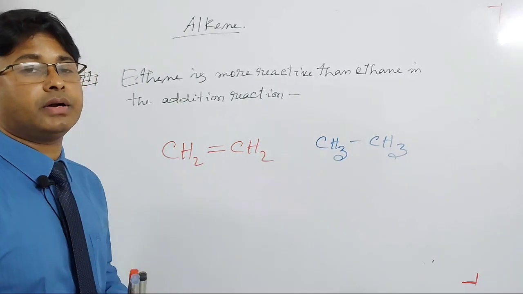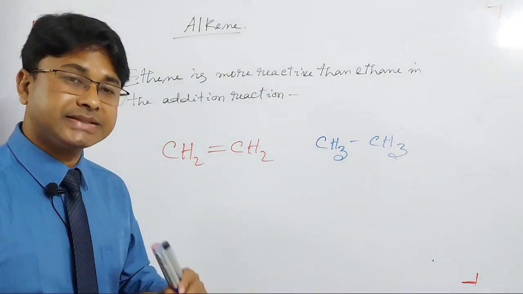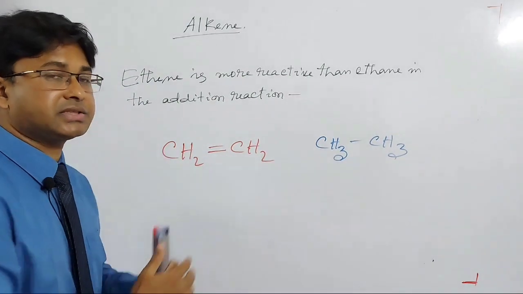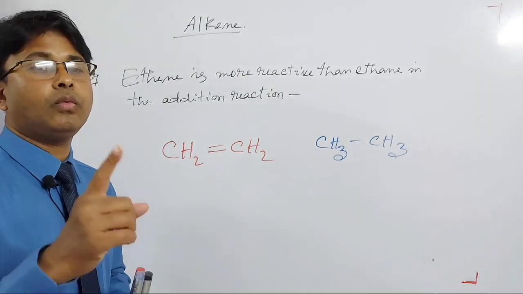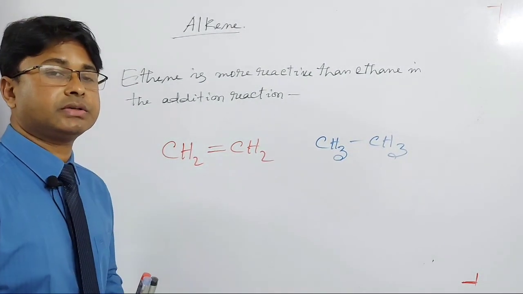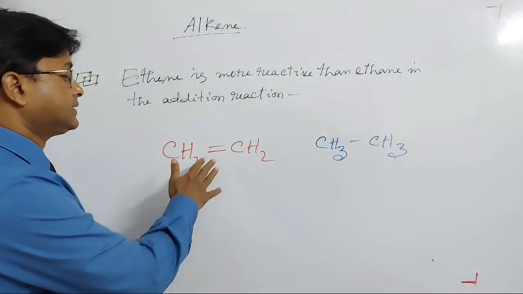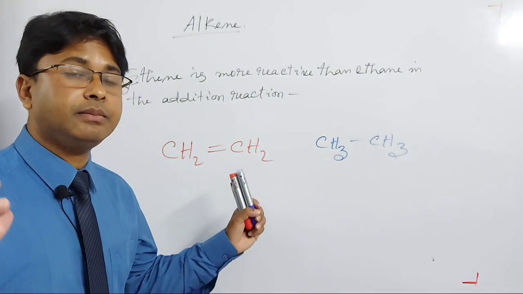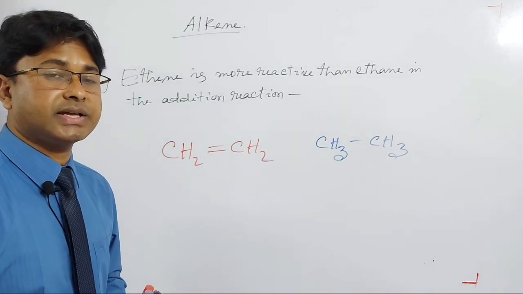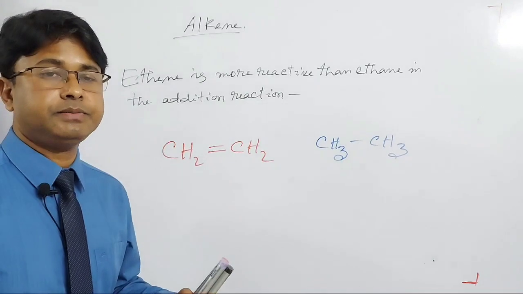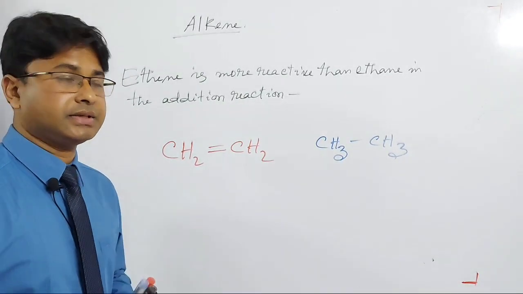The weak bond can be broken easily, and as I have already told you in my previous question, one bond will break to form two new bonds and it can take part in the addition reaction very rapidly. That's why I can say ethene is highly reactive in addition reactions.